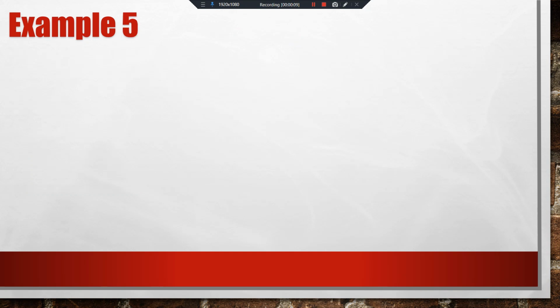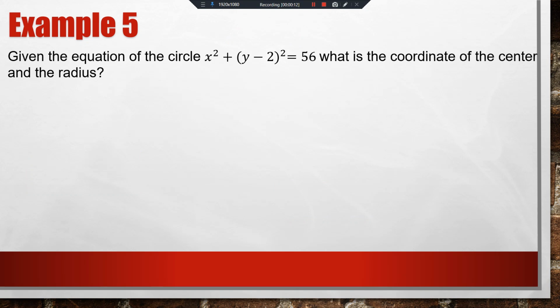And of course, for the last example, given the equation of the circle x squared plus the quantity of y minus 2 squared is equal to 56, what is the coordinate of the center and the radius? Now, as you can see, your equation is in the standard form, so it is easy for us to identify the center of the circle.